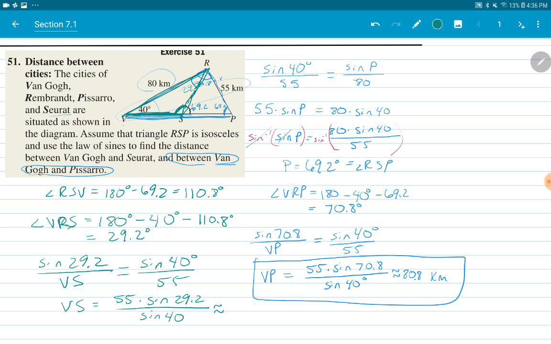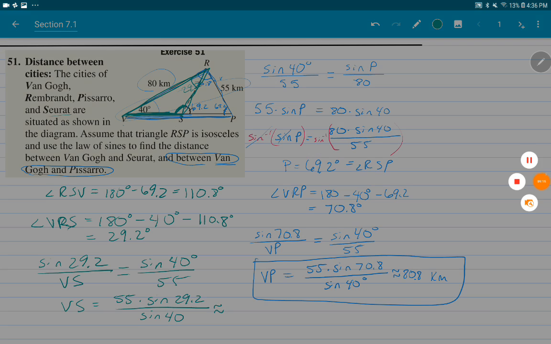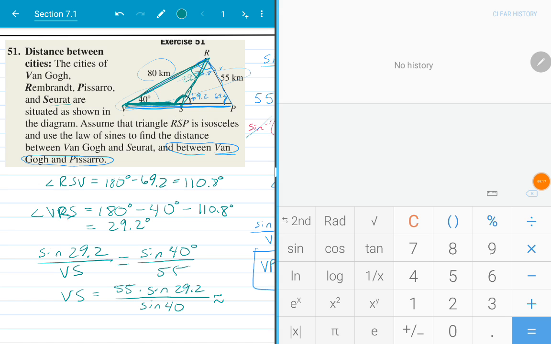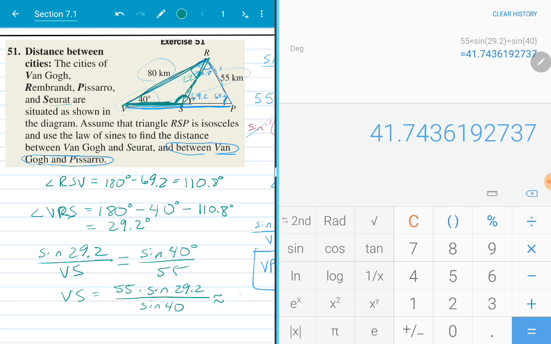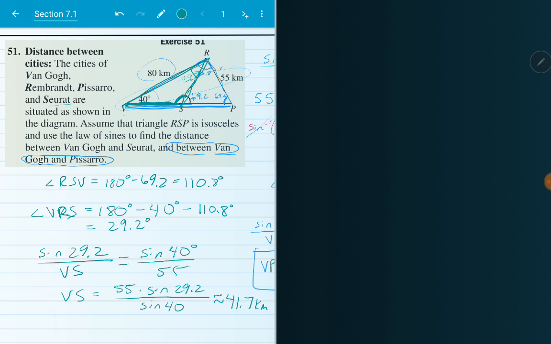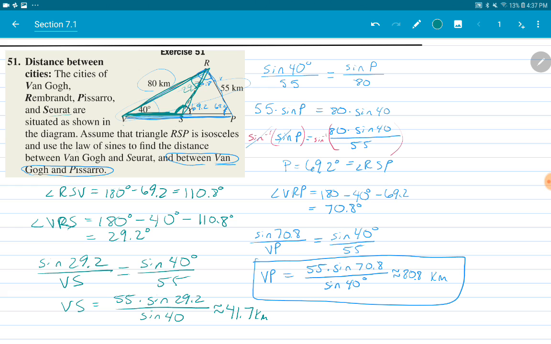I'll put that in the calculator to get an approximation. So 55 times the sine of 29.2, close that sine, all divided by sine of 40, close that sine, and I get that VS is about 41.7 kilometers. So there's my other answer, the distance between Van Gogh and Seurat in green here.